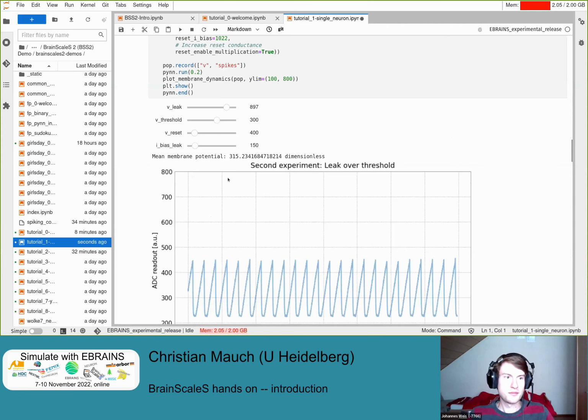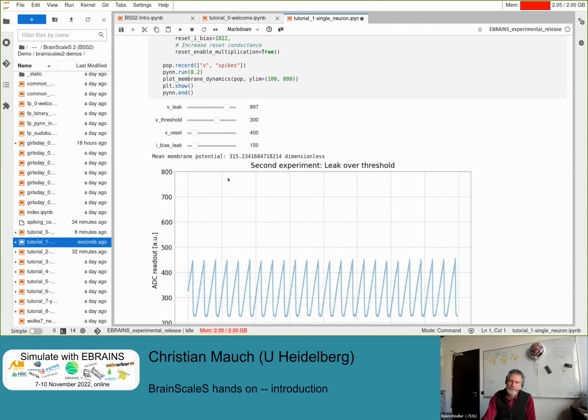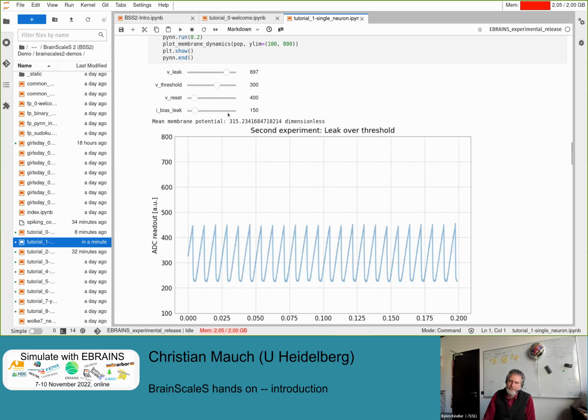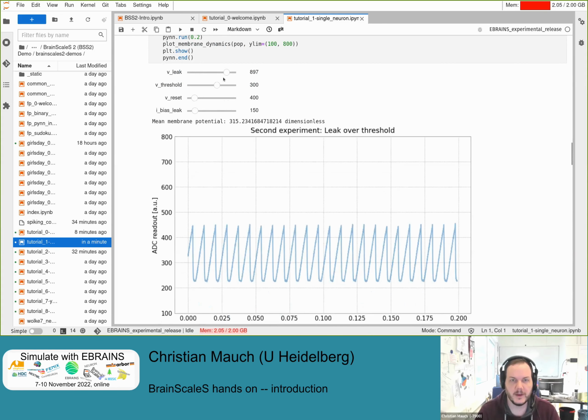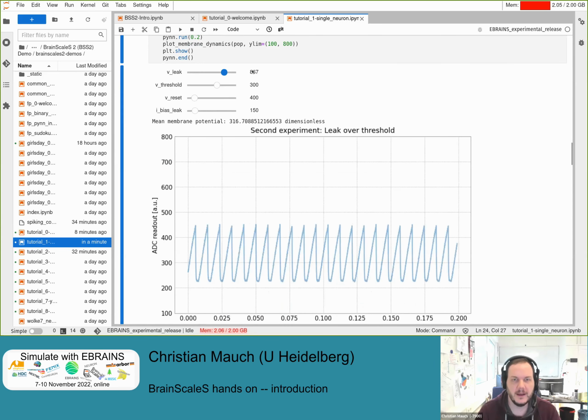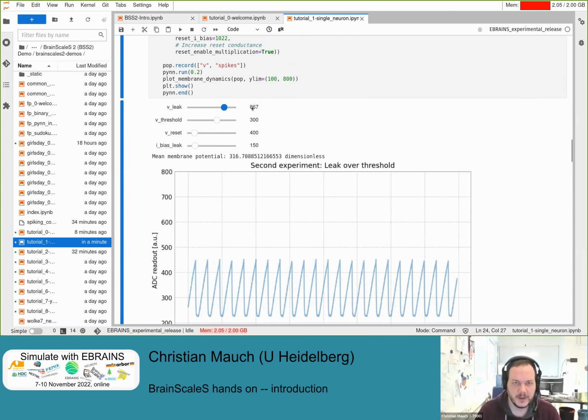Yeah. And could you comment on the values? Because the graph looks like the threshold is around 450. Yeah, okay, that's another point. Again, these values are basically arbitrary units that you control, but they don't necessarily need to correlate to each other. In the case of the leak and the reset, they really correlate to each other, but the threshold is working on a different scale.